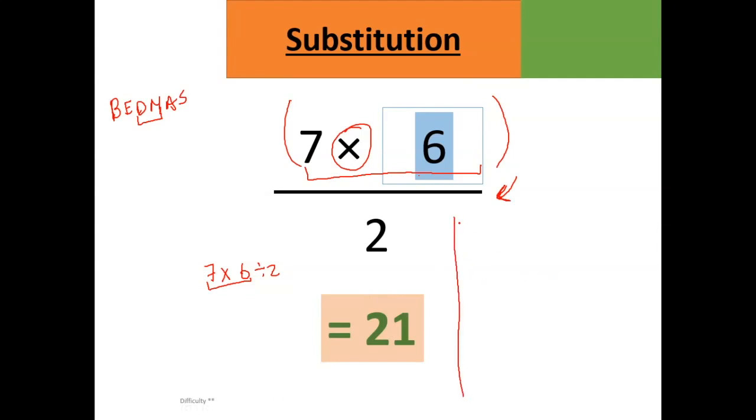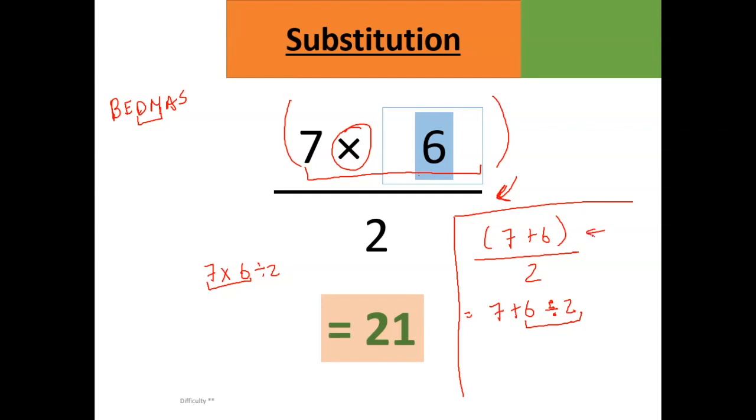But let's say I had a different one. So I had 7 plus 6 divided by 2. The problem here is if I don't tell my calculator, it's probably going to take 6 divided by 2 first, because it's going to follow BEDMAS, and BEDMAS tells it to do division first.